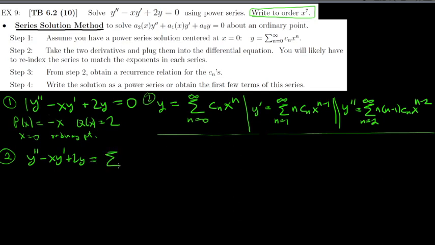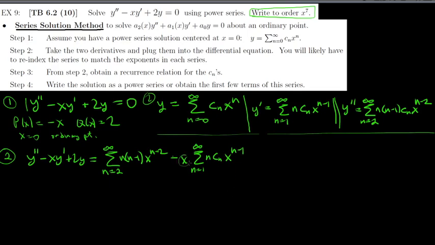Well, it's the sum, n going from 2 to infinity, of n times n minus 1 times Cn times x to the n minus 2. Minus x times y prime. Well, y prime is n equals 1 to infinity of n times Cn times x to the n minus 1.